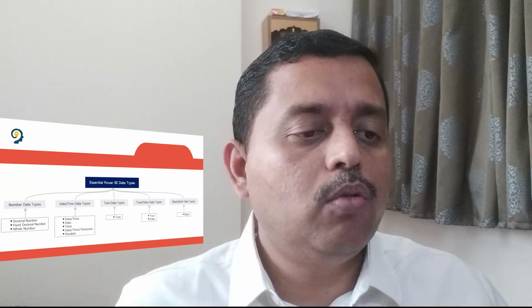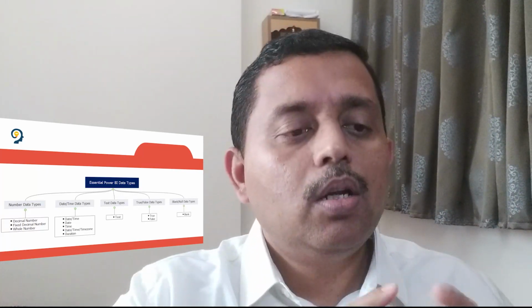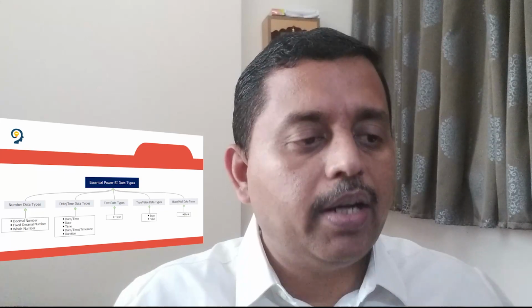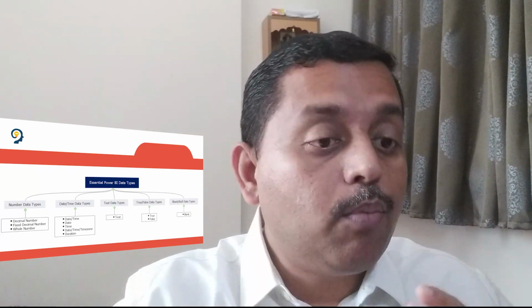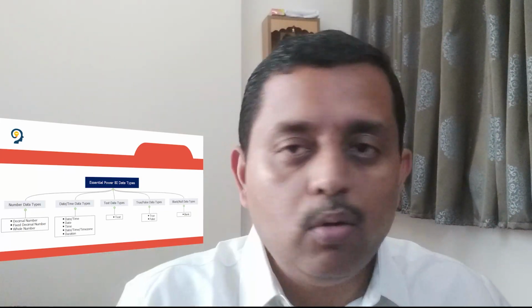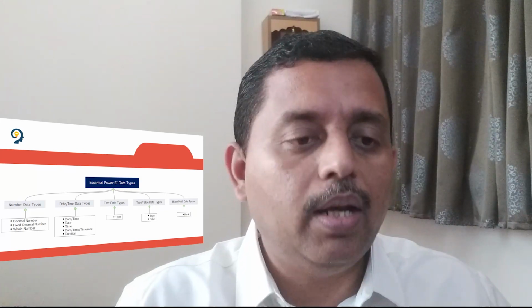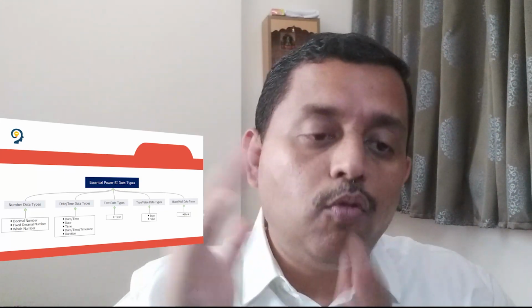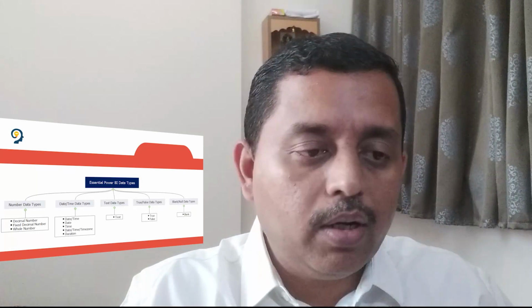So in a very, very quick way, let's have a look at whatever we have discussed. In this particular section of module 4, the major focus was to talk about the different data types, and what is the importance of these data types, how null value treatment needs to be done, how do we work with the true false data types, and how do we convert them.